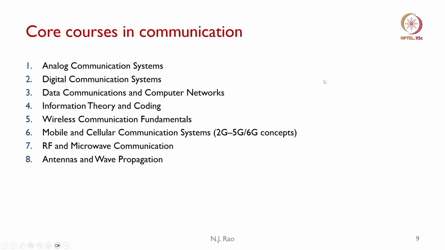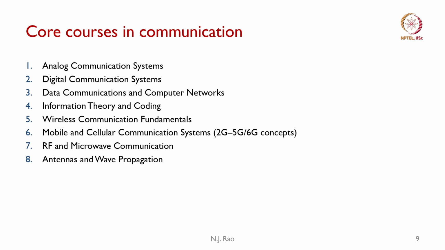Now let us look at core courses in communication. I am creating 8 courses of roughly 3 credits each, which becomes approximately 24, and maybe 1 or 2 will have a lab as well.